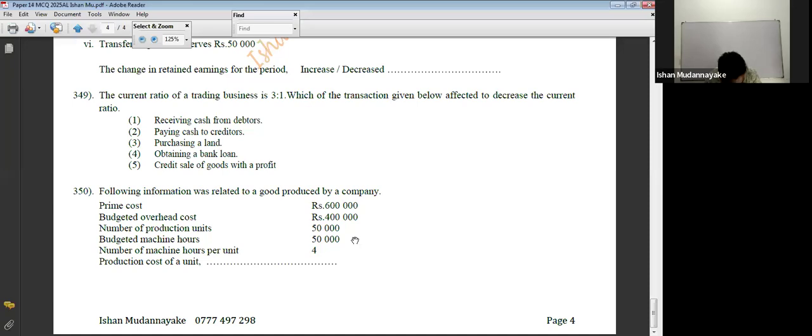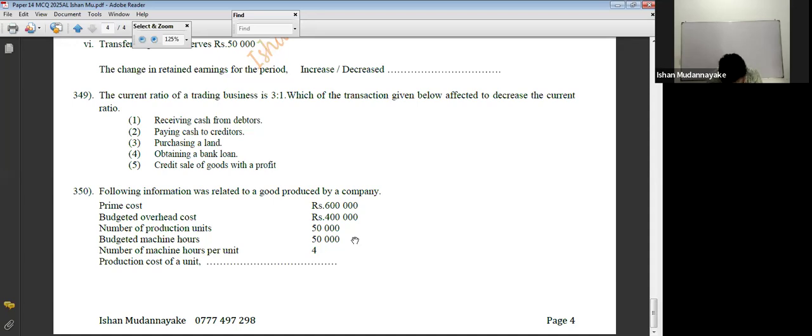Overhead cost absorbed based on machine hours.